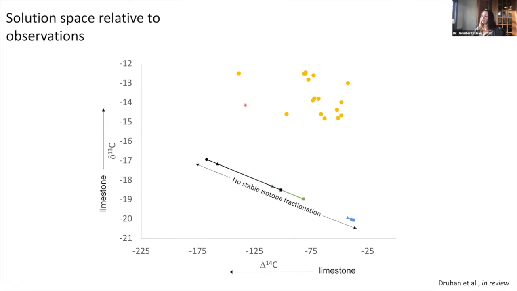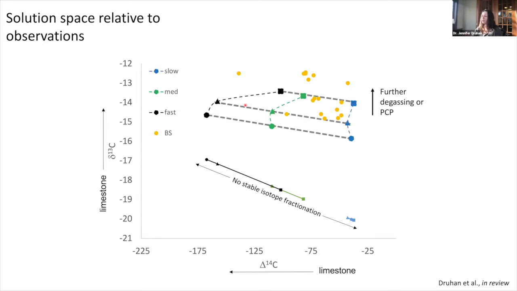And so when we introduce that equilibria and the fractionation factors that are associated with it, in particular allowing distributions in the carbon stable isotope values between the gas phase CO2, the dissolved CO2, the dissolved bicarbonate, and the dissolved CO3, then we get something much closer to what we're measuring.